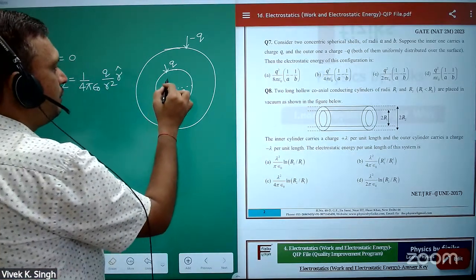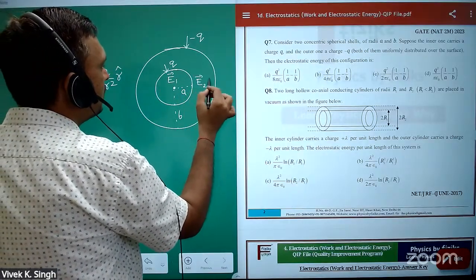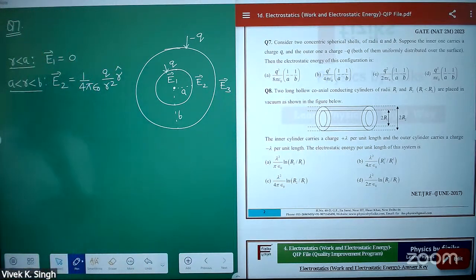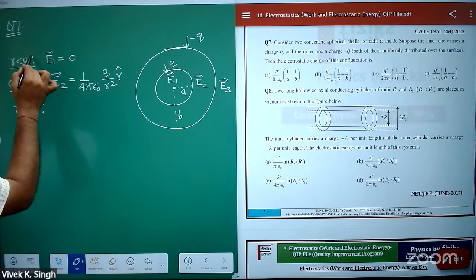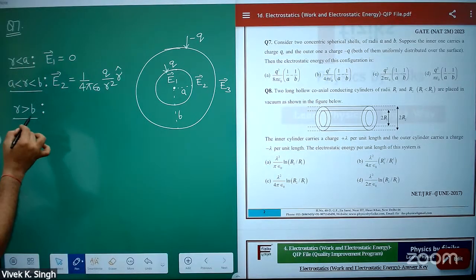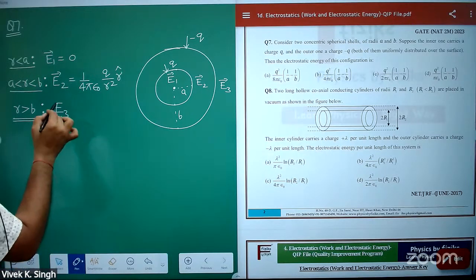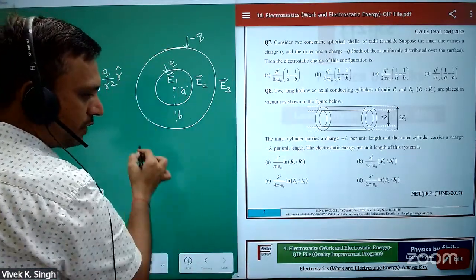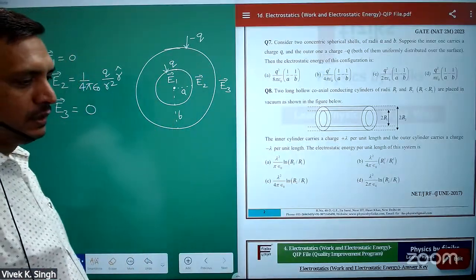So in this region, field E1 will be 0, here field is E2, and here field is E3. Now for r greater than b, what will be E3? According to Gauss law, if you draw a Gaussian surface, charge enclosed is Q plus Q minus Q, 0. So electric field outside will be 0.